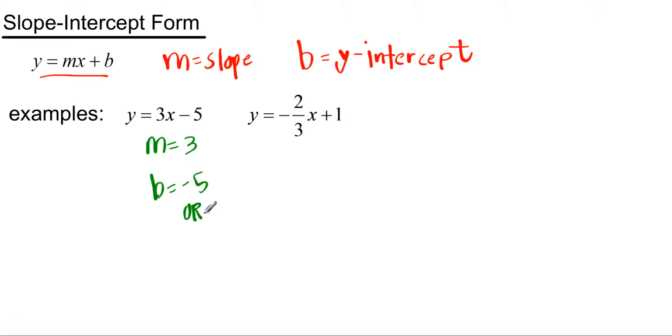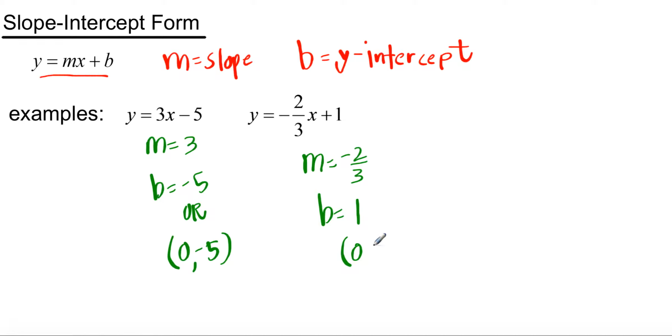You might want to write that as the ordered pair 0, negative 5. That's the y-intercept. This equation, y equals negative 2/3 x plus 1, the slope is negative 2/3, and the y-intercept is 1, or you might want to write that as 0, 1, because it's graphed on the y-axis.